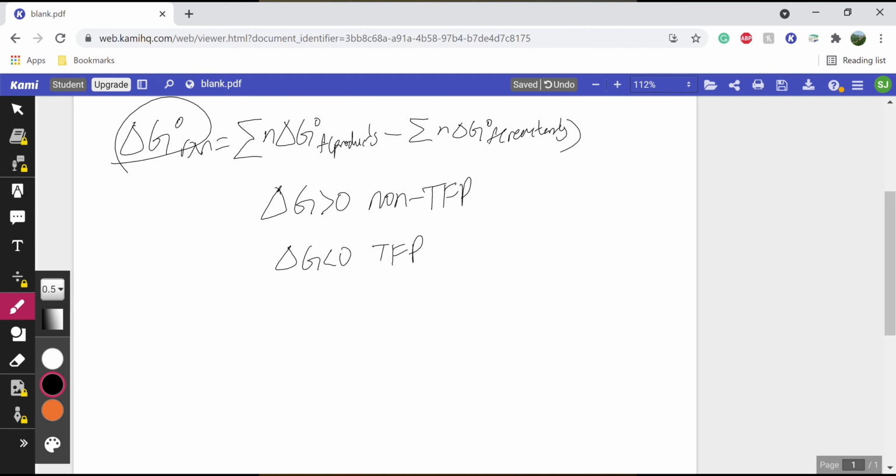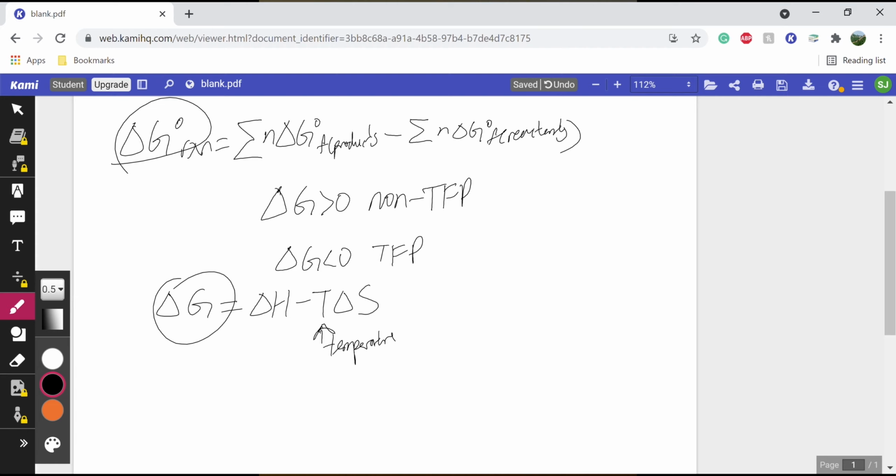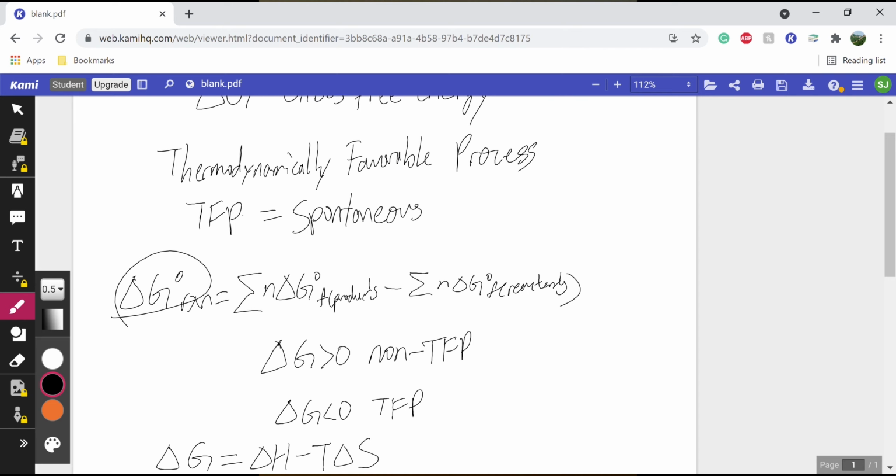And our second way of calculating deltaG is that deltaG equals delta H minus temperature times delta S. As long as you know the delta H, delta S, and the temperature, you'll be able to find out deltaG. And same goes here. If deltaG is greater than 0, it's non-TFP. If it's less than 0, it will be TFP.